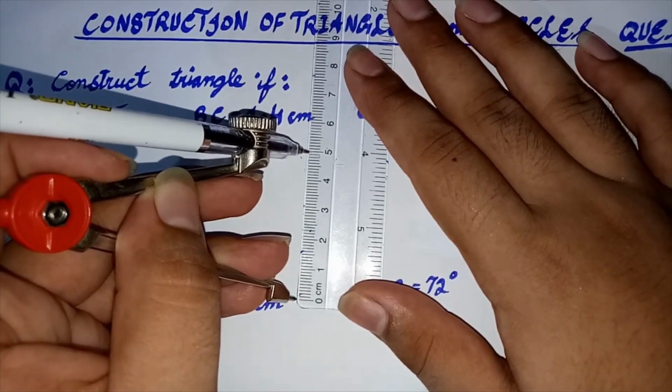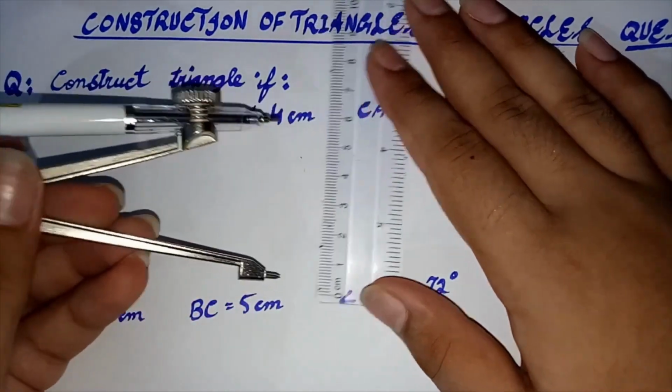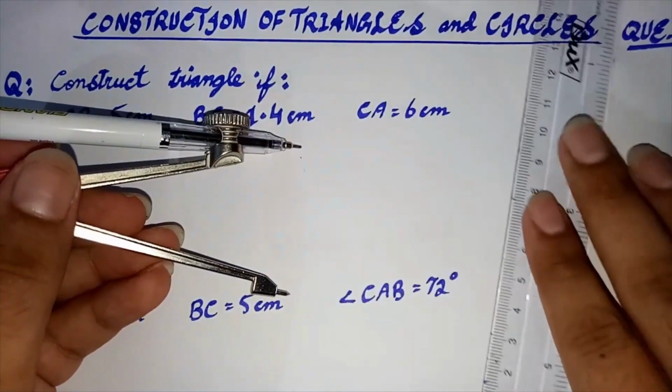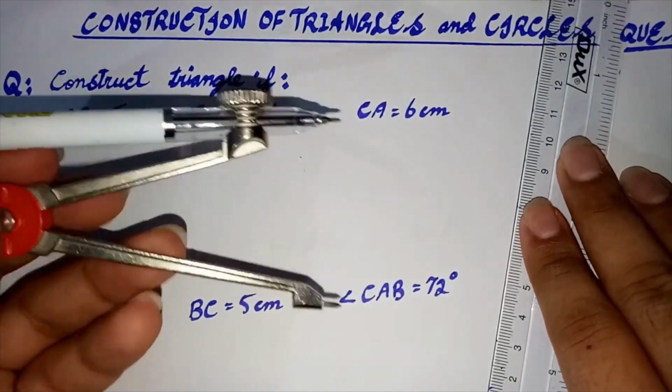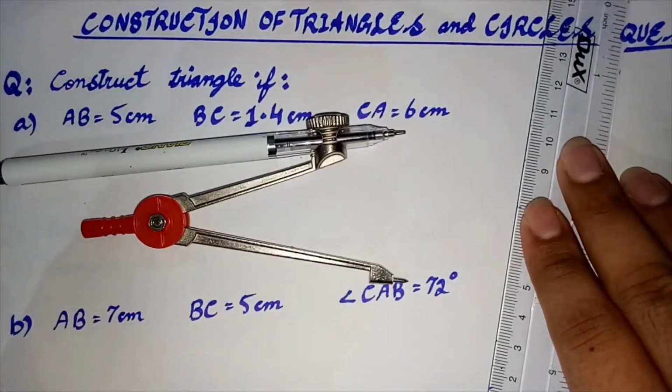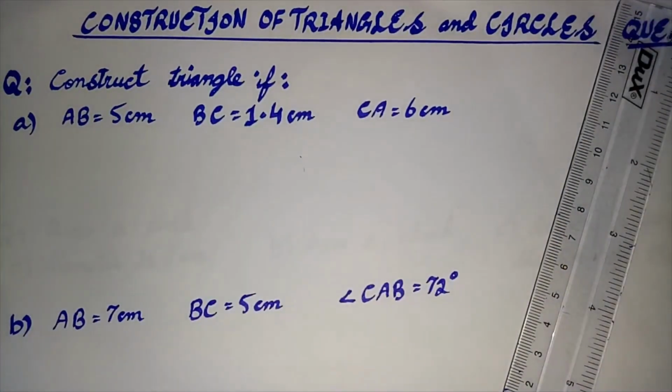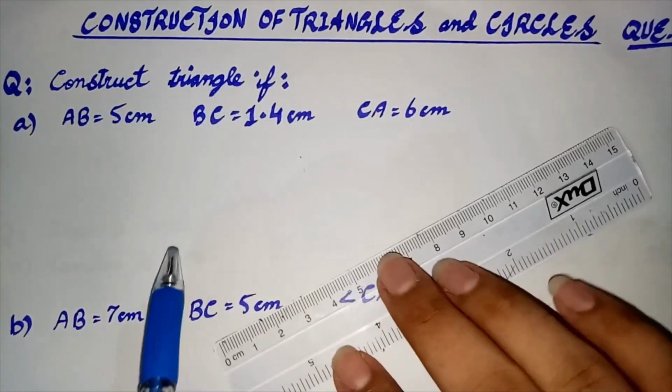So now this length is actually 5 centimeters, and with this we can measure the length. So let's see how we can draw a triangle with 3 given sides.